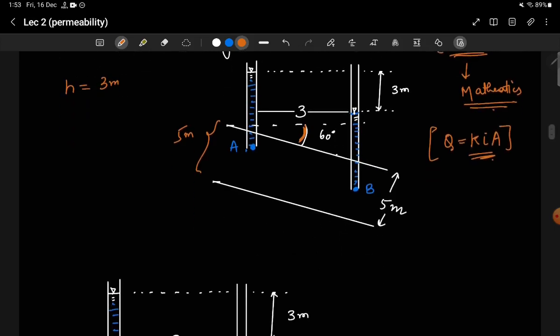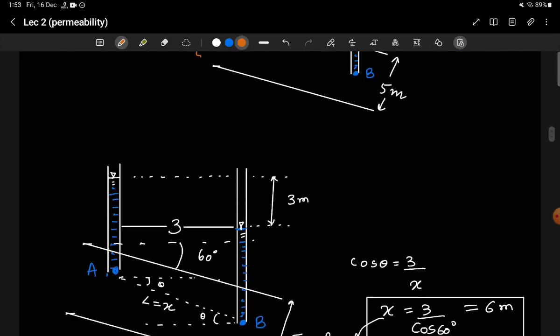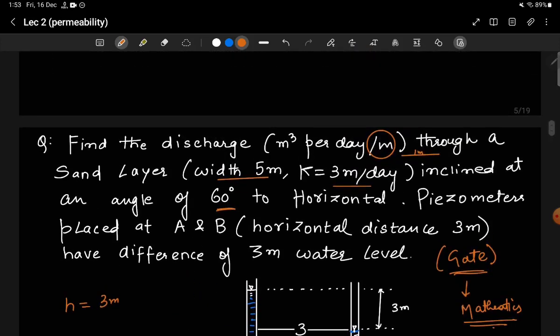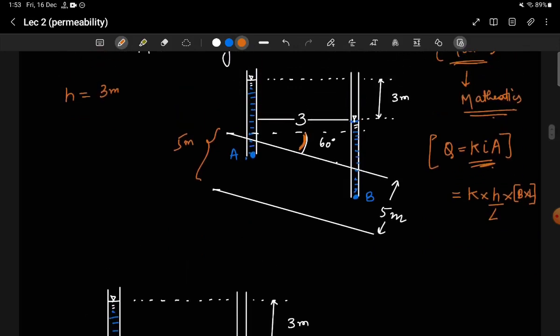Now let's see. K is given, i is given by H by L, and A is your area, that is given by width times L. Now since they have asked us discharge in meter cube per day per meter, that means the discharge here would be Q by L, where L would be 1 meter.